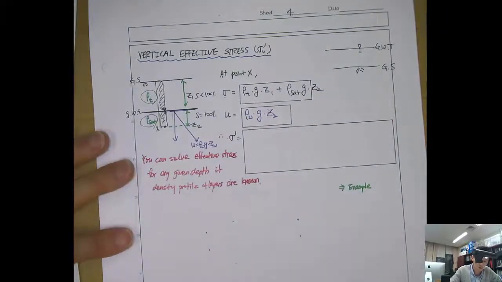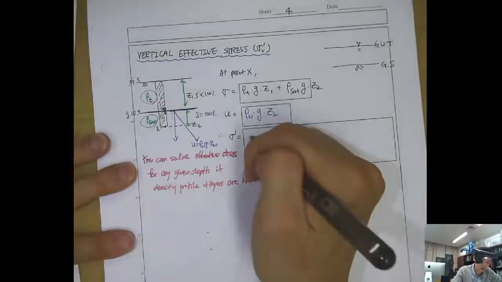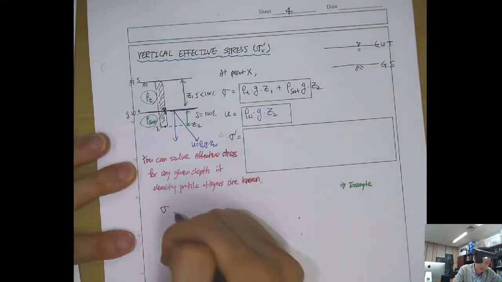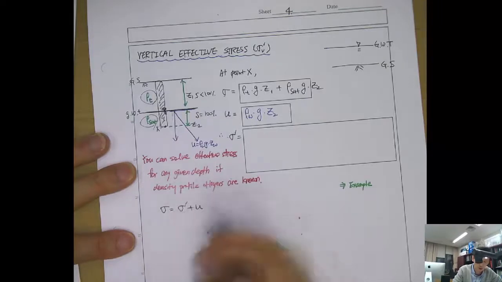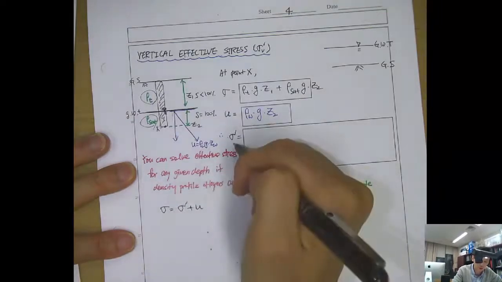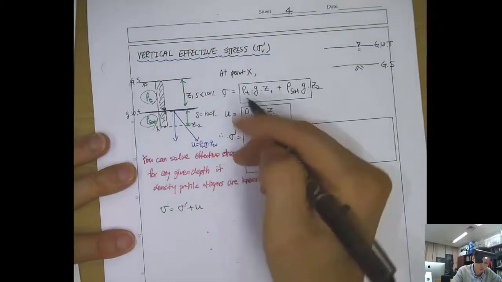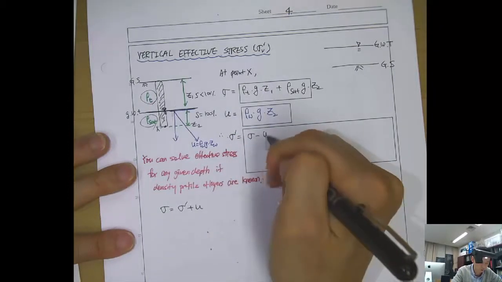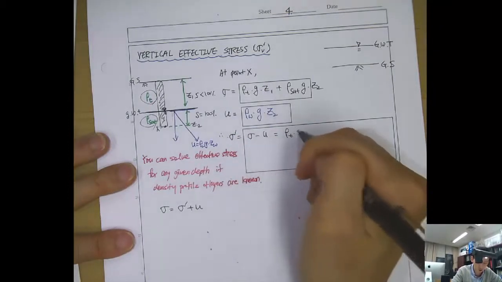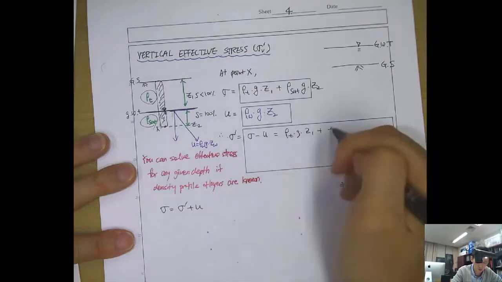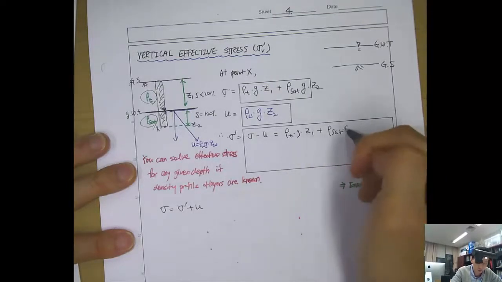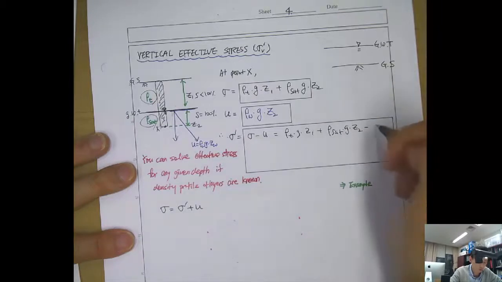So if you remember the equation that we just saw, the total stress is sigma prime plus u, and if you manipulate this, the effective stress, sigma prime, will be sigma minus u. So rho_t g z1 plus rho_sat g z2 minus rho_w g z2.